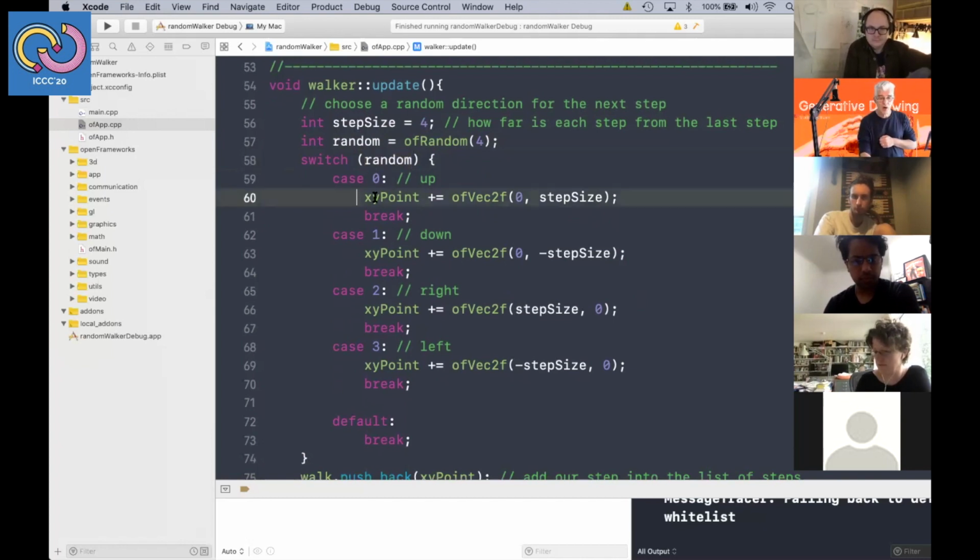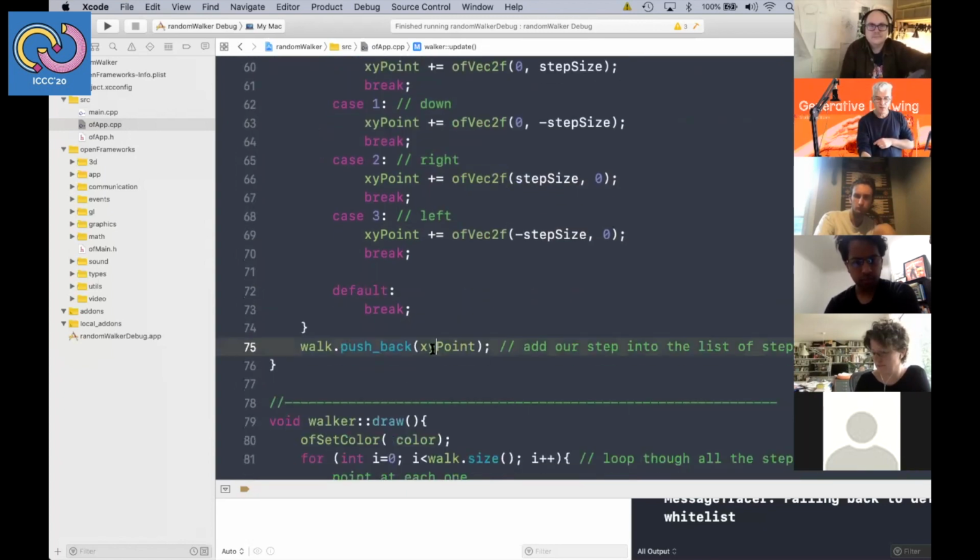And if it's 1, find out where we were and move upwards. If it's 2, find out where we were and move downwards. If it's 3 or 4, go left or right by taking the last point and moving from there by the amount of the step. It makes me a new XY position, and I just push that onto this list.